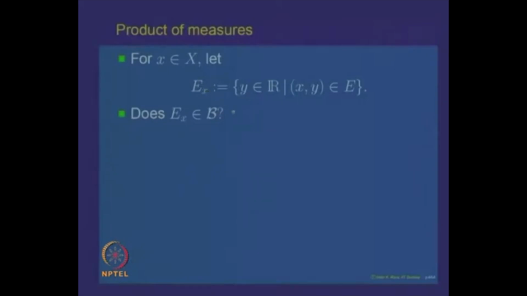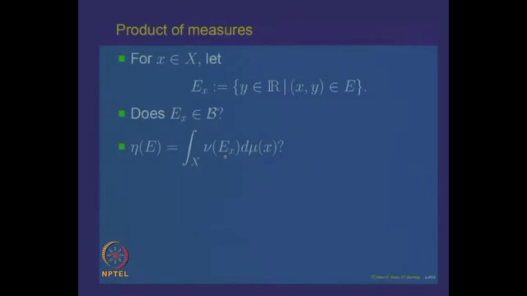The main questions we had formulated in the previous lecture were, can we say that this section, which is a subset of Y, is an element in the sigma algebra B? If yes, then we can define nu of E_x, which depends on x. So, we get a function x going to nu of E_x.